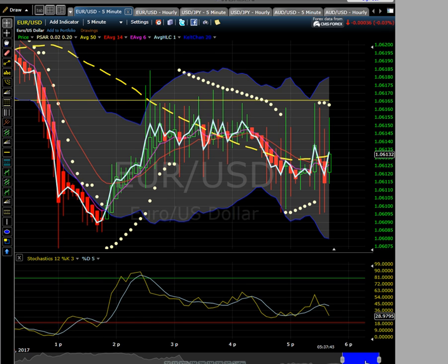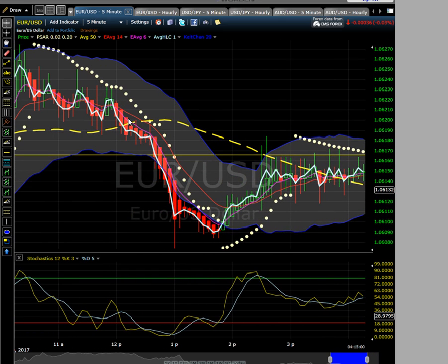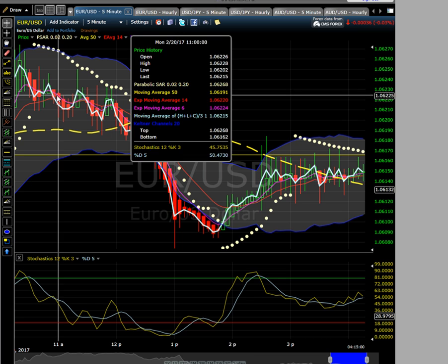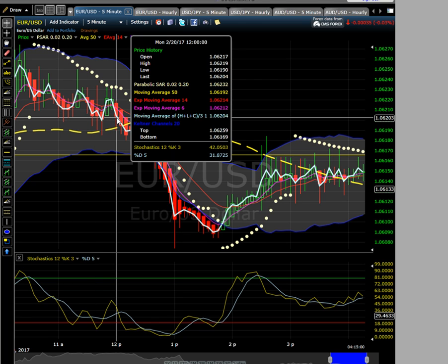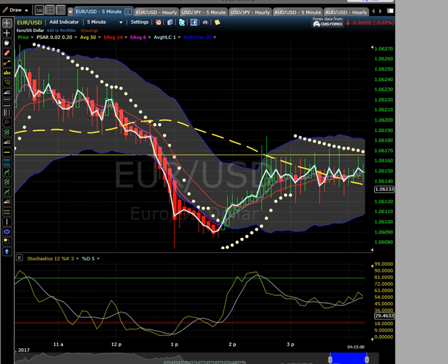So if I take this back, you see this little red line. When the market is hovering over this red line, it's usually giving you an idea that the market is probably at a standstill. It's not really doing much. From 11 a.m. to 12 p.m., you'll see that the market has no trend direction.